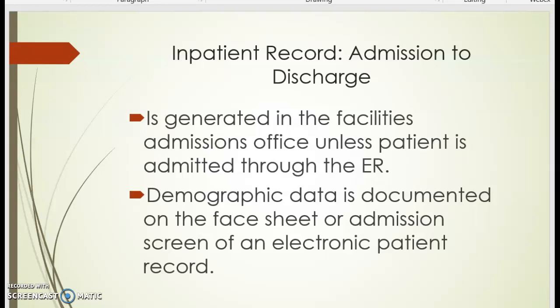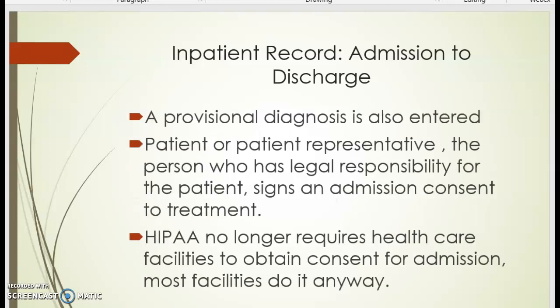Okay, so let's go from admission to discharge. Once again, we are talking inpatient. So it's generated in the facility's admissions office unless you are admitted through the ER. They'll take your demographic data, which is documented on the face sheet, or the admission screen of an electronic patient record. We will also have at this point a provisional diagnosis.